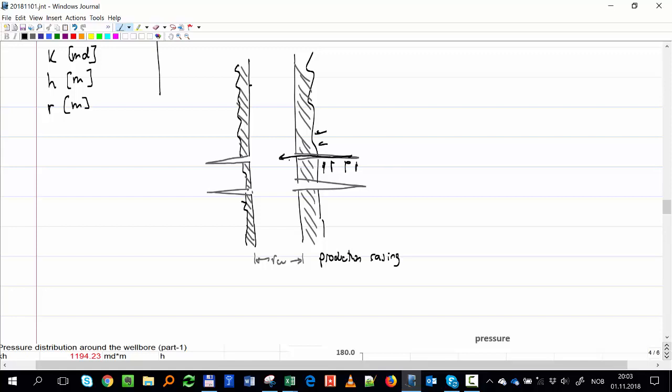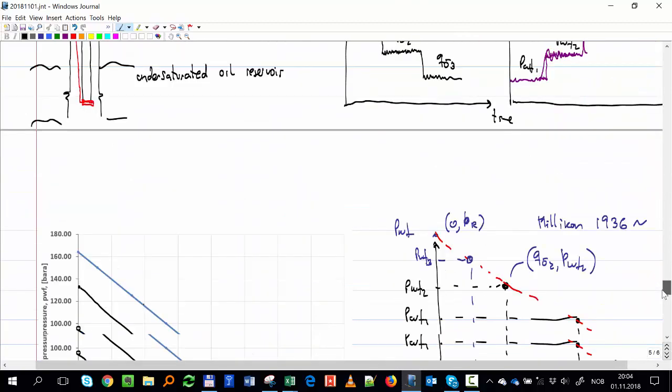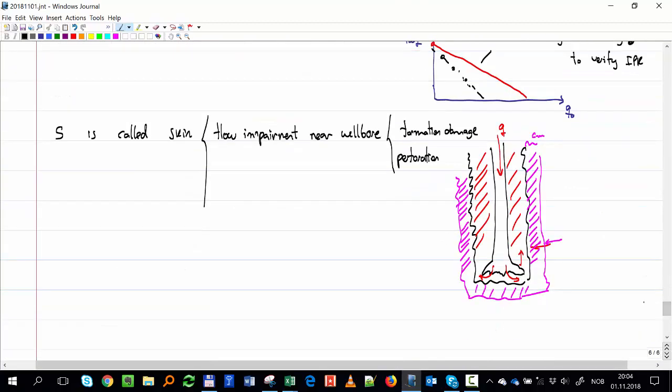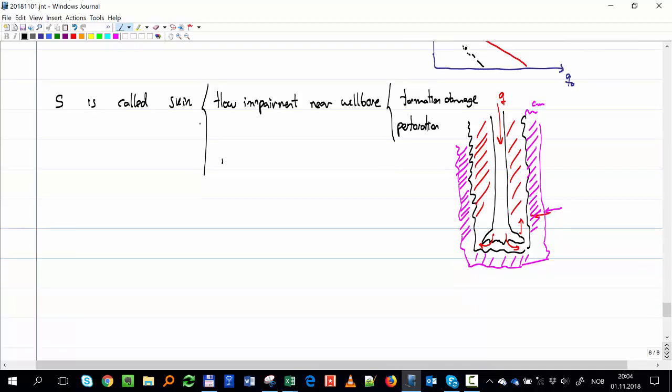So we have some sort of a convergence effect. So that skin we can also have it there. But we can also have flow enhancement. So let's leave it as flow impairment, just for now.